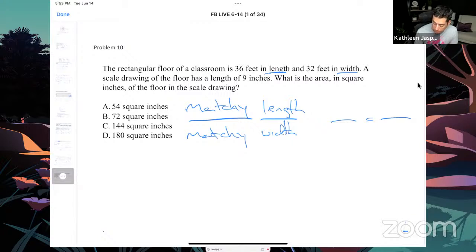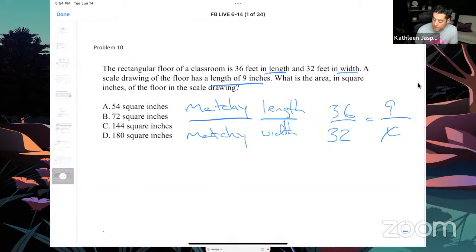So I've got a length of 36 feet, and 32 for my width. Then the smaller, the scale version, has a length of 9 inches, but I don't know what the width is because they didn't give it to me. That's the first step in solving this problem.